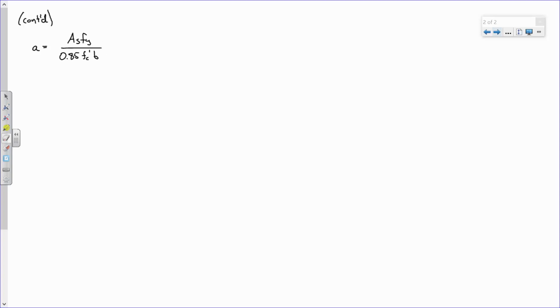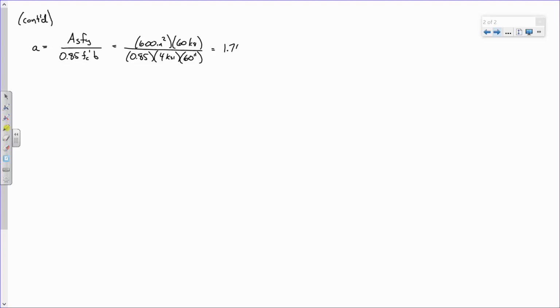However, the b is the effective flange width, the entire width of that upper portion of the beam. So on the bottom, 0.85, 4 ksi, 60 inches. Up top, 6 square inches, 60 ksi. What does that come out to be? 1.76 inches. Is there a second to that?